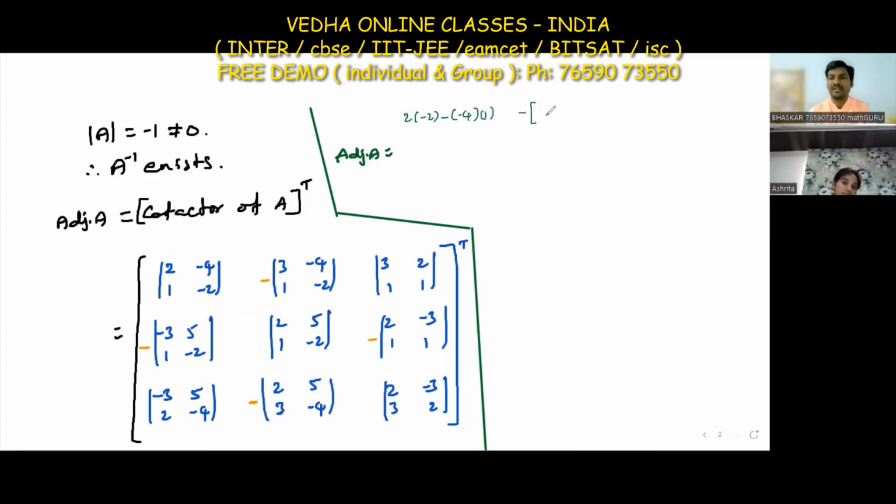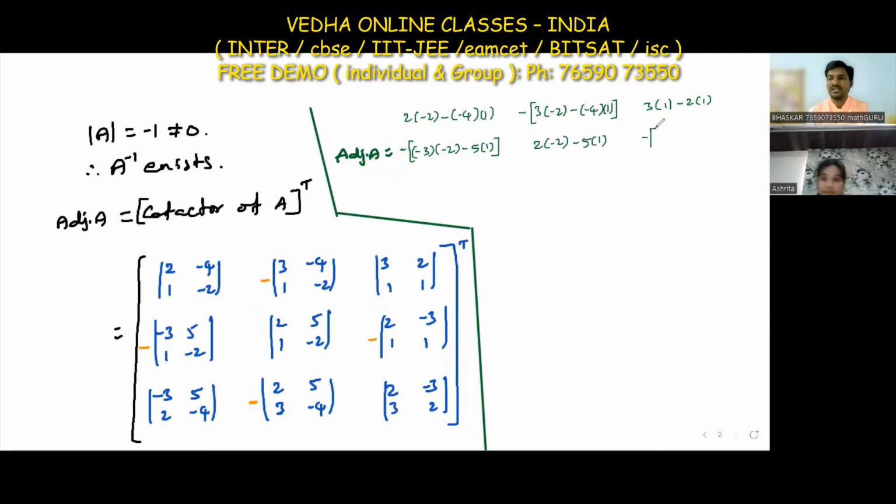After that, minus half: 3 into minus 2 minus 4 into 1. Now 3 into 1 minus 2 into 1. Next, minus half for this element: minus 3 into minus 2 minus 5 into 1. So 2 into minus 2 minus 5 into 1.